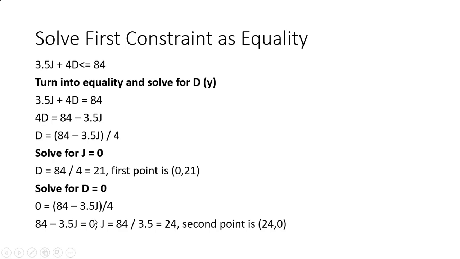I just moved the 3.5J to the other side and divided both sides by 3.5, and I get 24 as the answer. So my second point, because D is 0 and we always list J first, is 24, 0. So now we have 2 points on our first constraint line, 0, 21, and 24, 0.